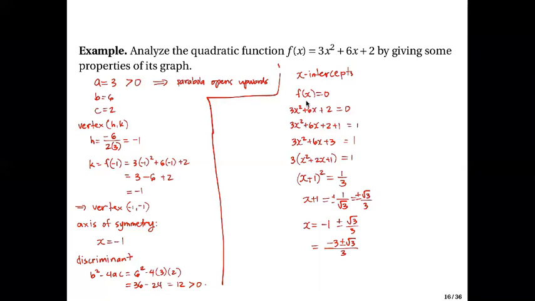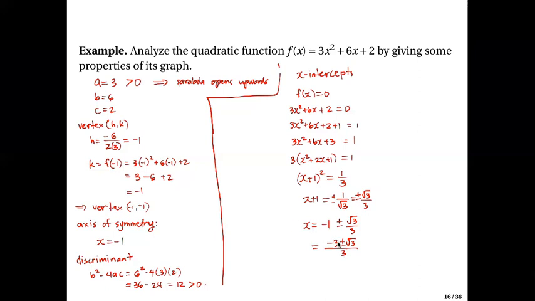Take note that if you use your quadratic formula here, this is what you will get also. Why didn't I use the quadratic formula? It's easier. But anyway, you should be able to get this one, even if you used your quadratic formula.